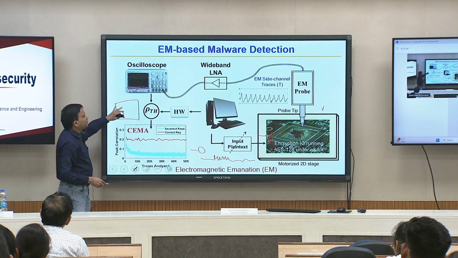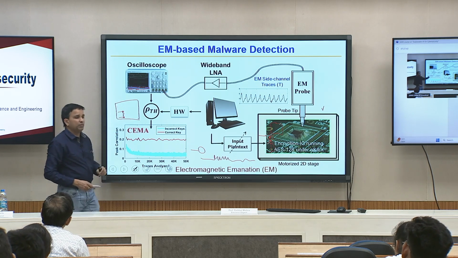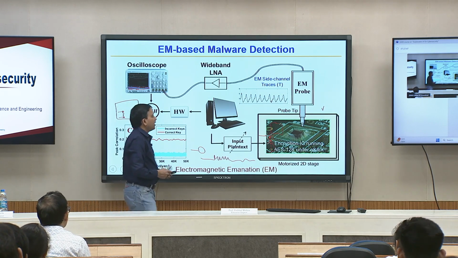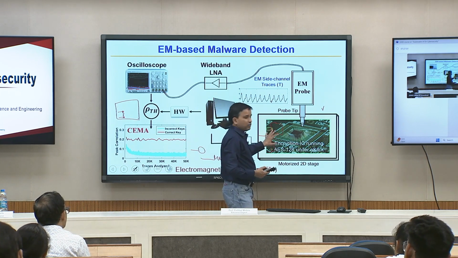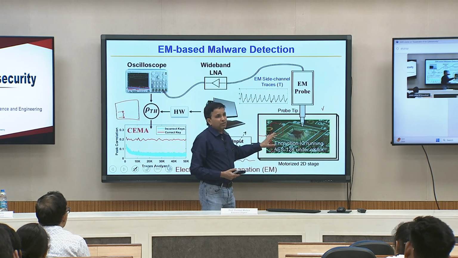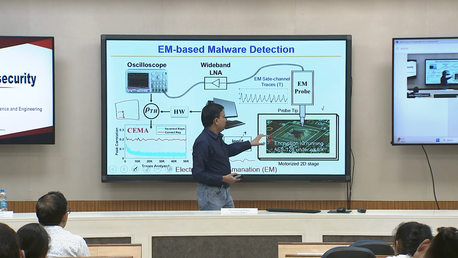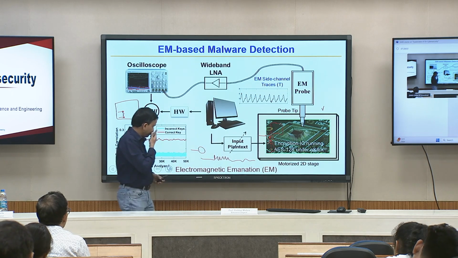Sometimes it may not be applicable, but EM you can always apply, but EM has its own downside. So, if you are starting side channel analysis research, you want to start EM at the end. You want to start with power based side channel analysis, and then delay based side channel analysis. Once you are successful, then you probably want to go for EM based side channel analysis.